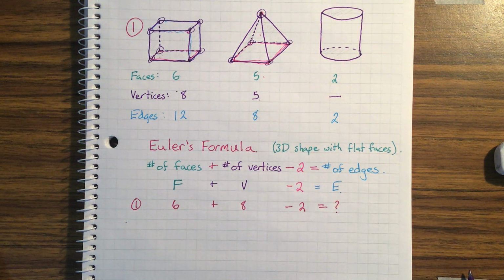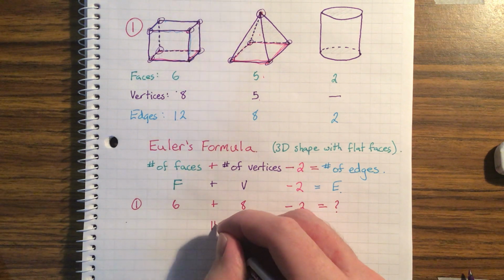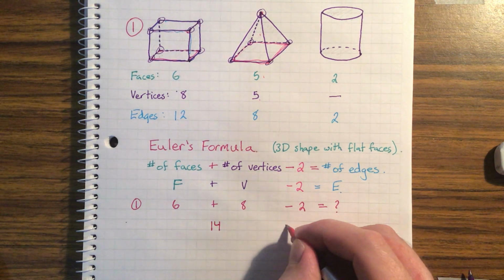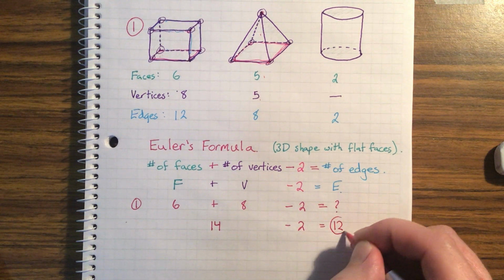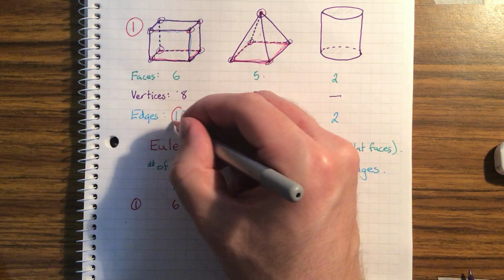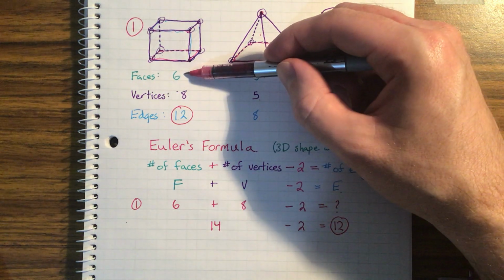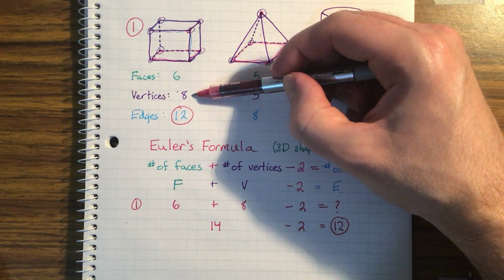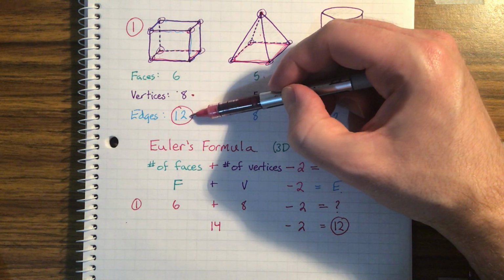Well, let's see what it equals. 6 plus 8 is 14. Minus 2 equals 12. 12 is our number of edges, so it is correct. So if we take our faces and add our vertices to it to get 14, then take away 2, we'll get the proper number of edges.